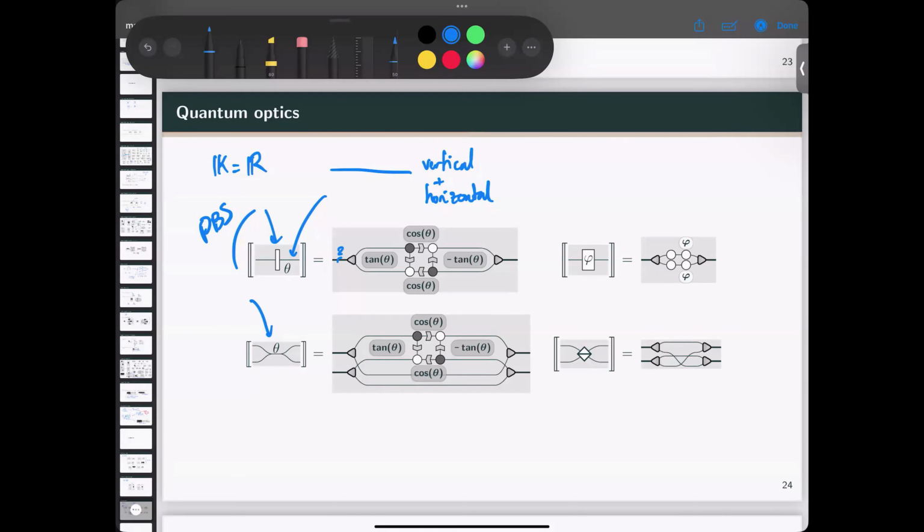But yeah, we can interpret rotations of polarizations, beam splitters down here. I think this is a polarizing beam splitter, as well as phase gates, or something that they also call phase gates, which is not equivalent to phase gates from the stabilizer quantum mechanics case, but it's actually just a delay by a phase e to the i alpha.